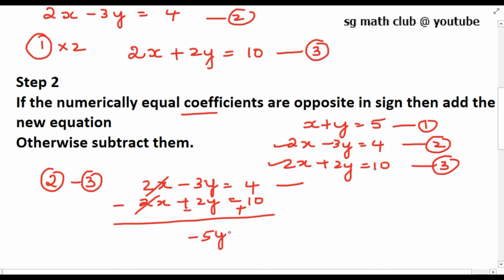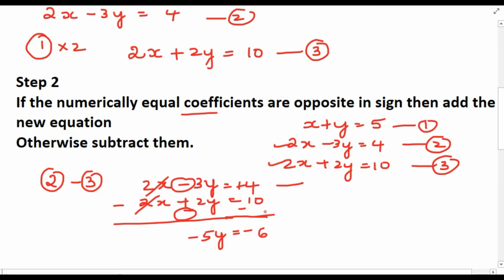Minus 5y equal to, this plus 10 will become minus 10, so 4 minus 10, which is equal to minus 6. Here both are minus, so minus 3y and minus 2y make minus 5y. For 4 minus 10, one is plus and the other is minus, so subtract and put the sign of the bigger number.